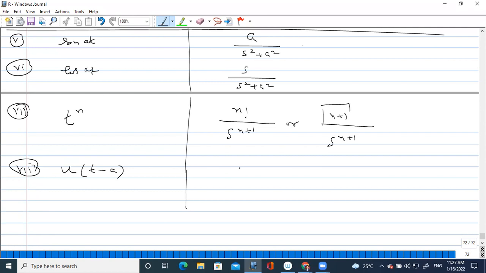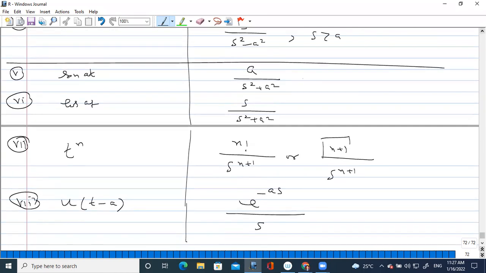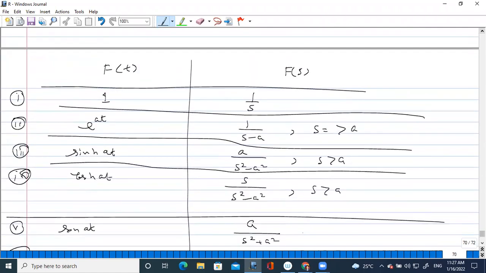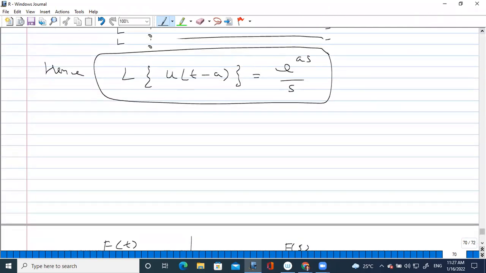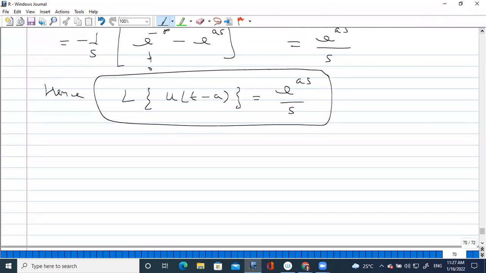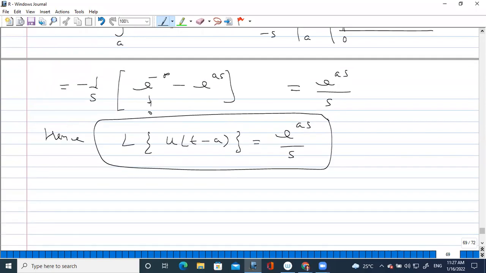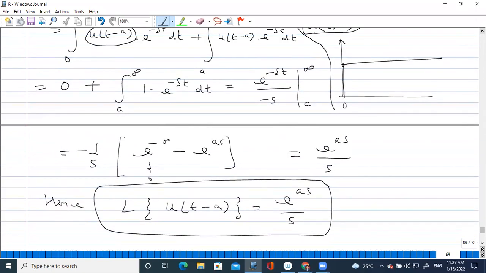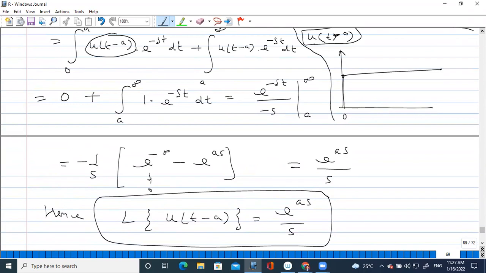For that we have found it is e to the power minus as divided by s. It is minus as, not plus as. Mistake.